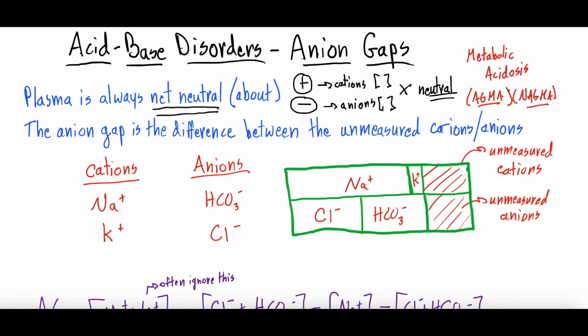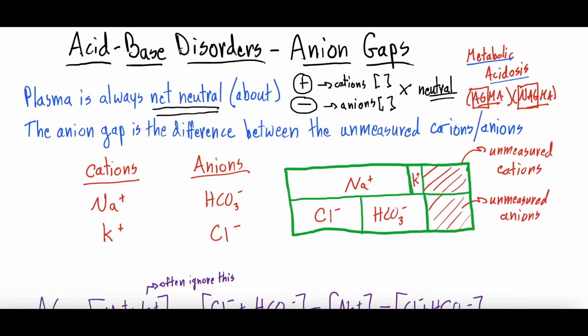Because this will hone in on the differential diagnosis for the cause of that acidosis. What is causing it will be related to whether it produces an anion gap or not. It's not helpful for metabolic alkalosis, or for respiratory acidosis or alkalosis. It's really just helpful for metabolic acidosis.